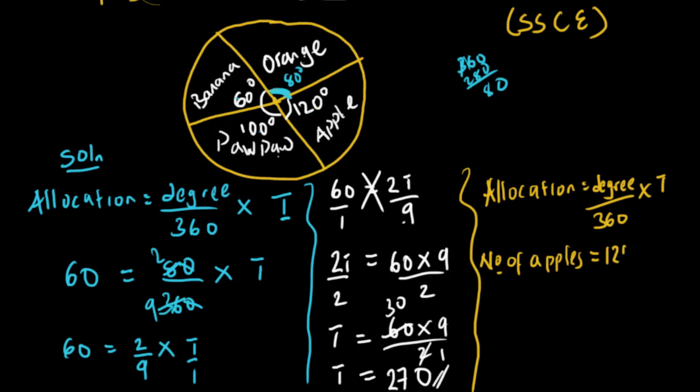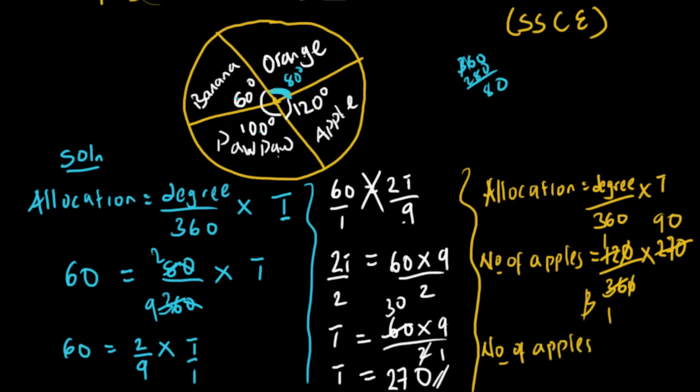So we have 120 all over 360 times, what's the total number of fruits in the shop? 270. Do you understand this? 0 cancels 0. 12 here 1. 12 here 3. 3 here 1. 3 in 27 is 9. So we have 90. It means that number of apples equals 90. Do you understand this?